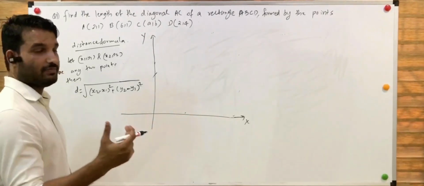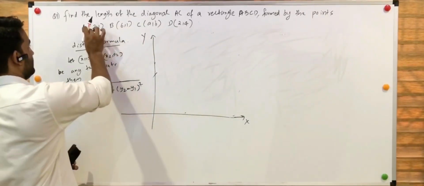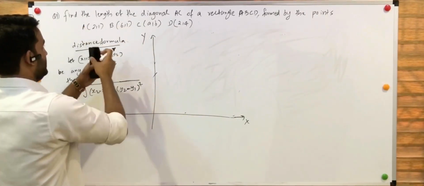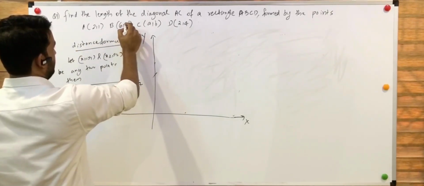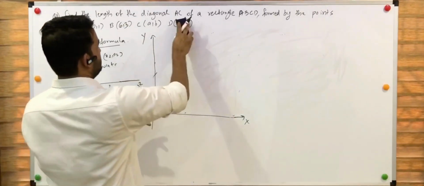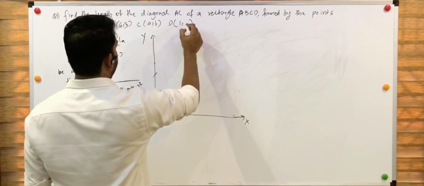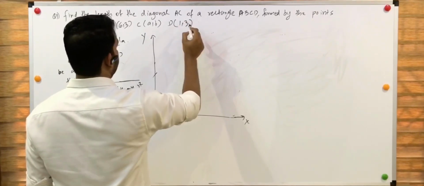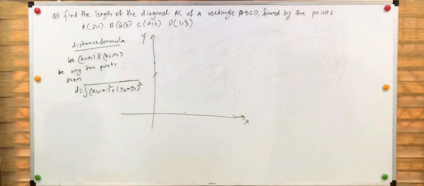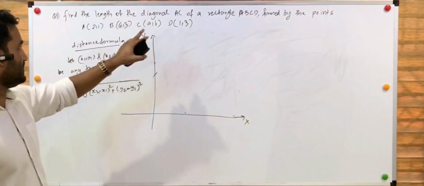Let's see what happens if I make some changes in the coordinates. I keep the point A fixed, I don't change it. I change only the point B, 6, 3, and I change the point D. I have considered some variation to the question.